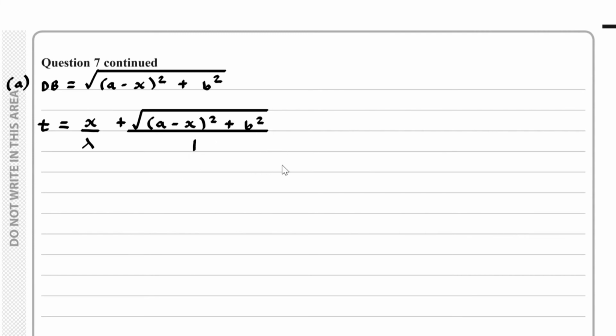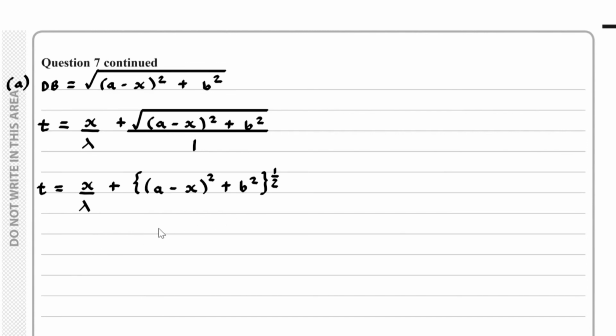So we divide by 1. And so therefore, we can see t is equal to x over lambda plus the square root of a minus x all squared plus b squared, which I'm going to rewrite as a subtract x squared plus b squared to the power of 1/2.